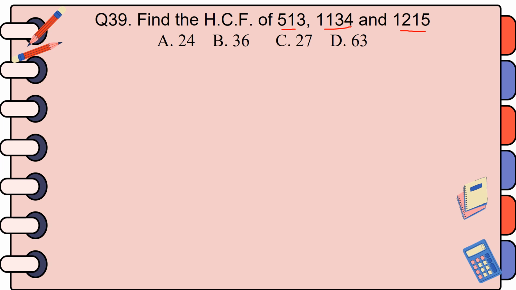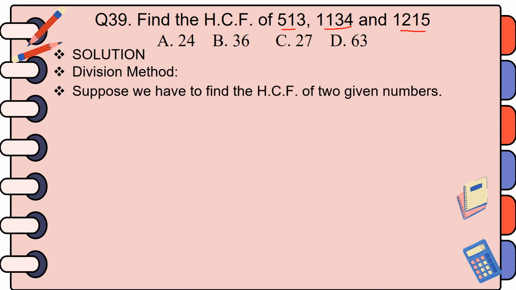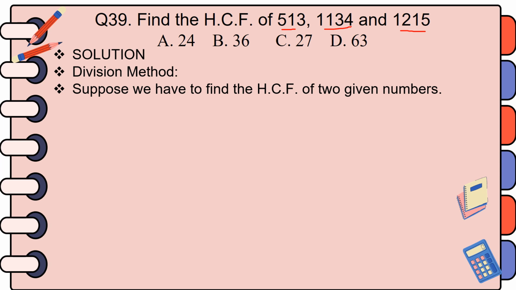So first you have to have some awareness on the division method and what is meant by division method and how it works. So suppose, for example, you are given two numbers and you are required to find out the HCF of those two numbers. When you are given two numbers, one of the numbers is higher and the other one is smaller.